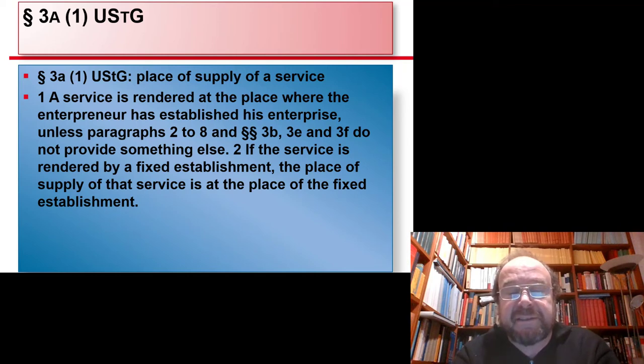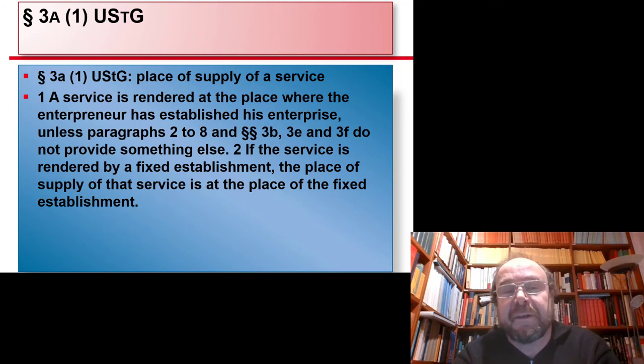If the service is rendered by a fixed establishment, so if your business is run at different places, then that place counts, which was involved in the rendering of the service. Makes sense.